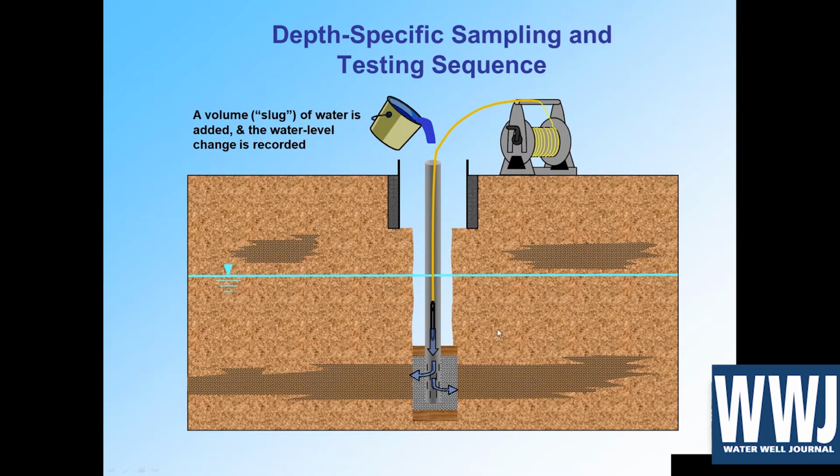A pressure transducer is handy because it can measure water levels really fast. We can hook it up to a laptop computer. It measures about 1 static water level per second. Then we pour a couple of 5-gallon buckets of water. We make a little mound on the water table, and that mound flows out into the formation. So it happens pretty quickly.